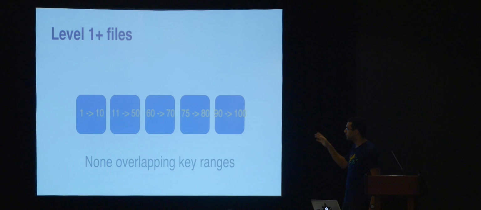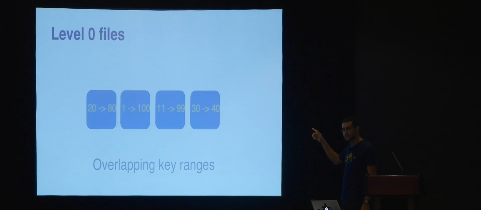All the files in these levels are the output of compaction, and the compaction process guarantees that this property holds true for all those levels. But the files in level 0 are the output of the flush process when you flush the memory table. This is why we may have overlapping key ranges in our files.